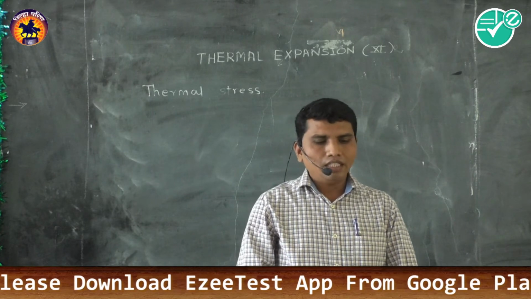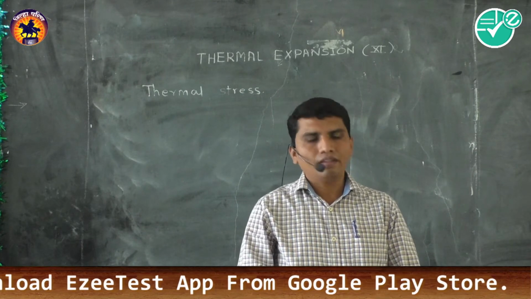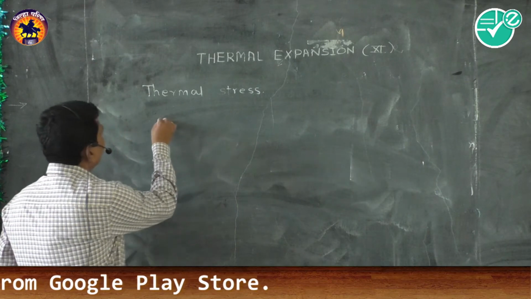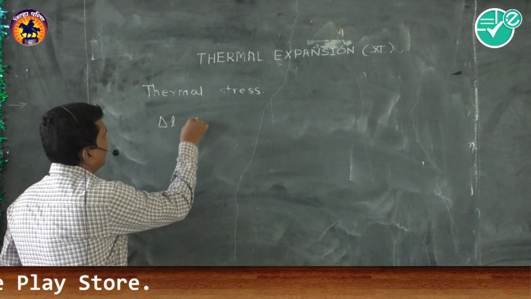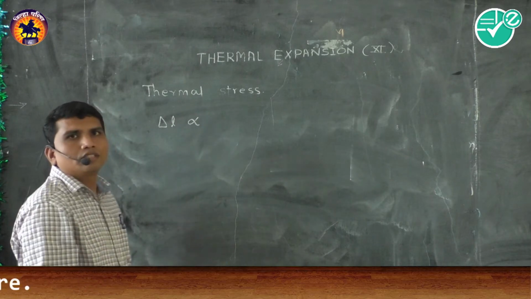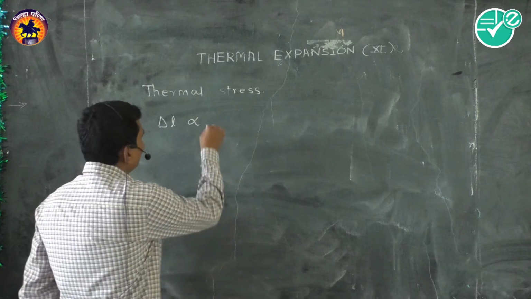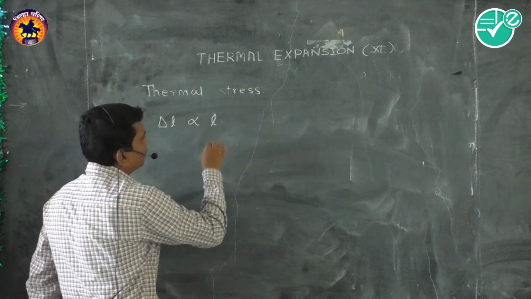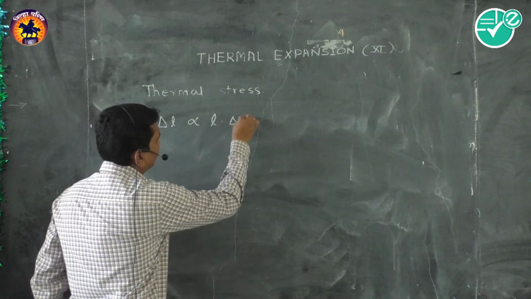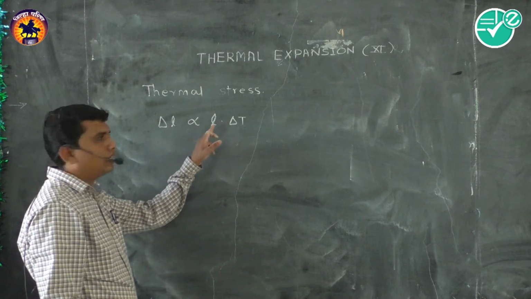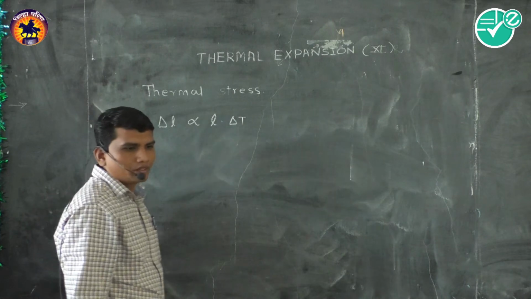Now if delta L is the increase in length, then delta L is directly proportional to L, the length of the rod, and delta T. So delta L is directly proportional to L into delta T.